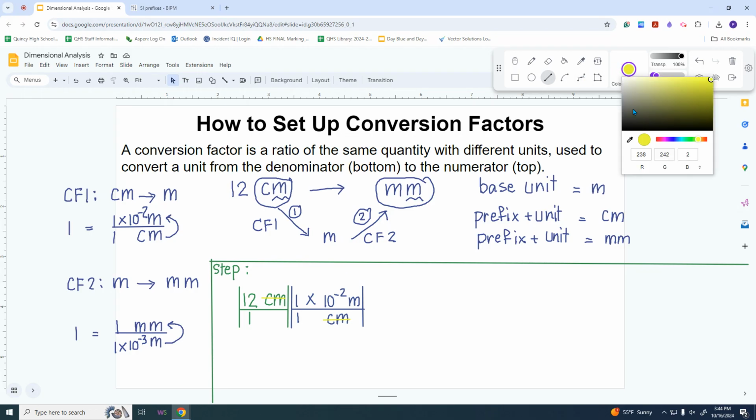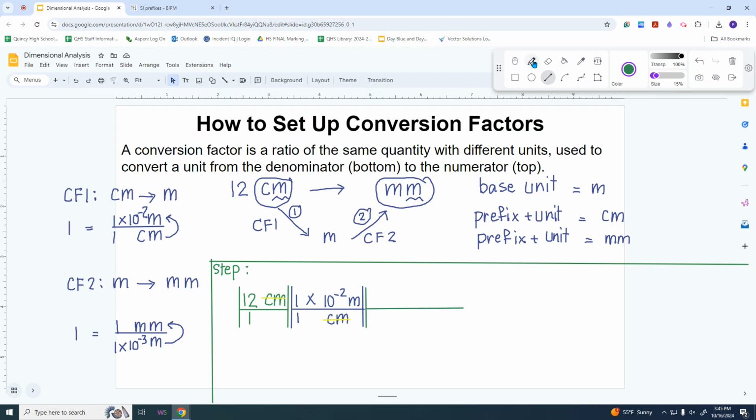Now you are going to multiply by the second conversion factor that we have worked out as well. The second conversion factor is 1 millimeter over 1 times 10 to the negative 3 meter, okay?